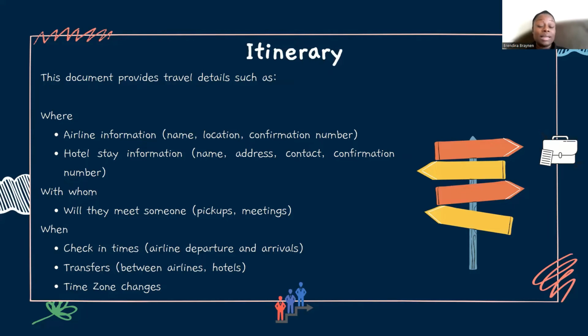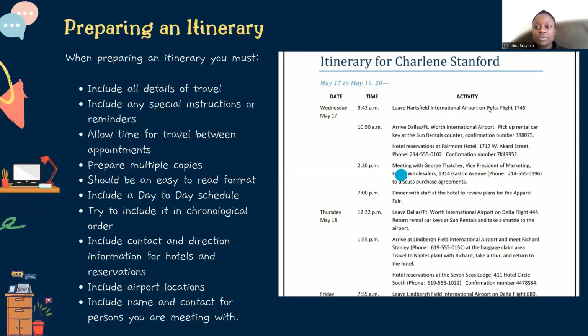And so you're going to need to be aware of time changes to make sure that you're still on time for meetings and that you're not late and that you're just aware of what's happening. You're aware whether or not you can check in, or you're aware of where you need to be at a particular time. And so itineraries are key for this entire process. So on the screen here, I have an example of an itinerary taken from a textbook.